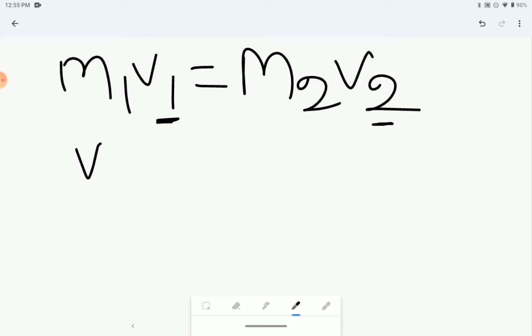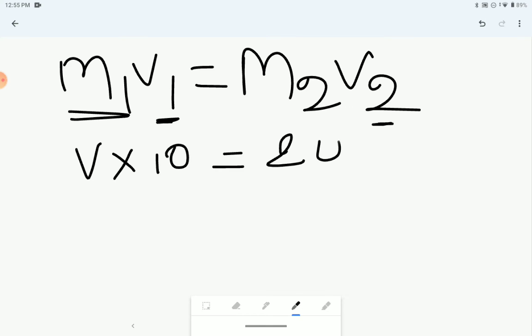We were asked to find the volume of stock solution needed for 200 ml of 0.4 molar solution, right? So v into 10 molar is equal to 200 milliliters into 0.4 molar.